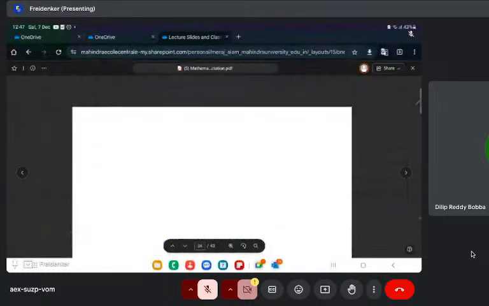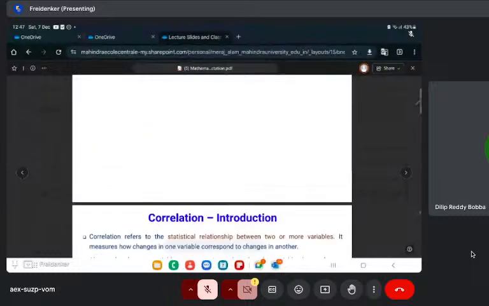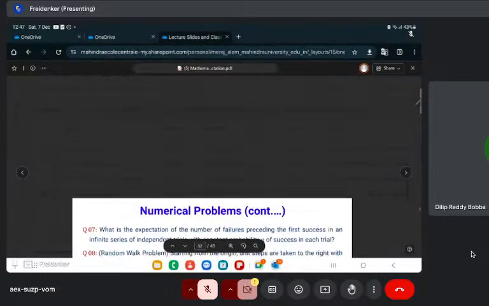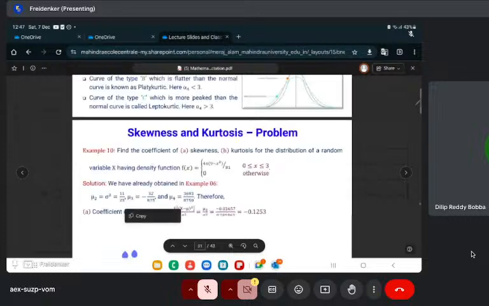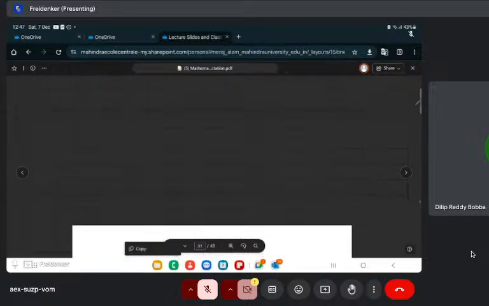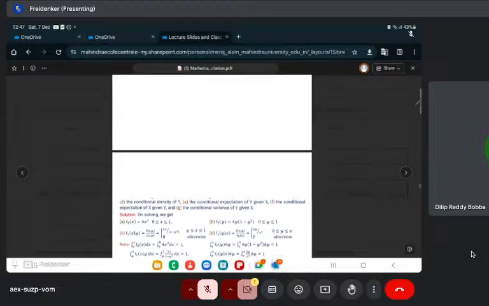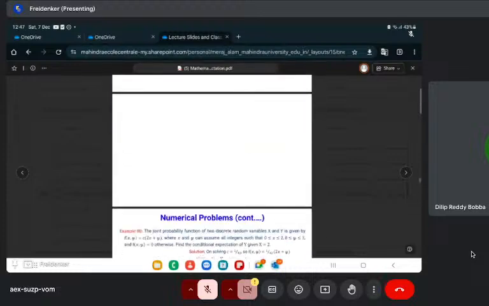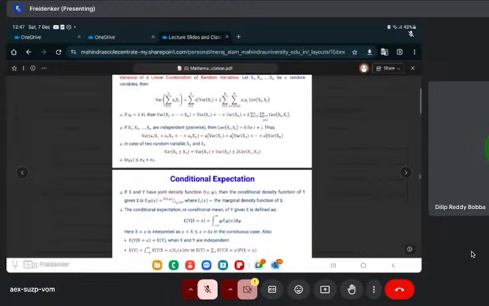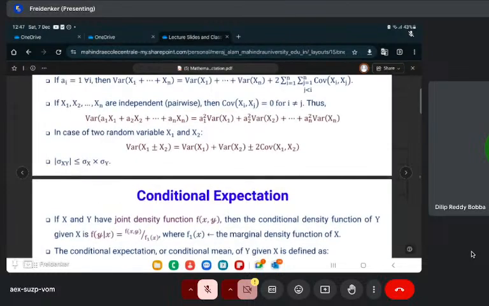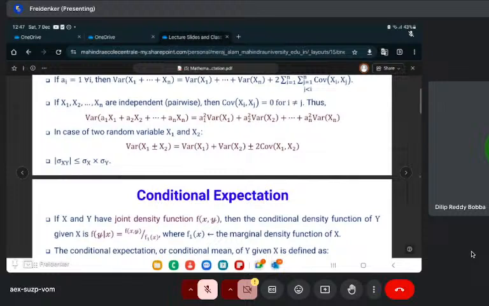Because of this relation. Where is it? Yes, here. So there is one property: mod sigma xy is less than or equal to sigma x sigma y.